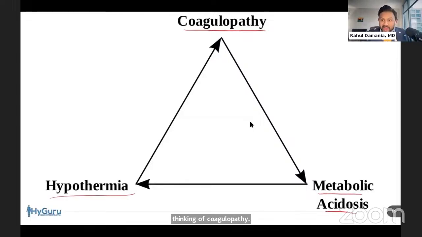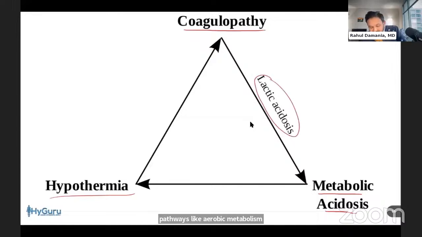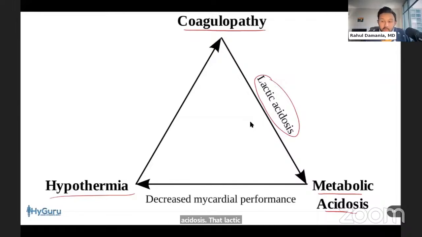So when you have a coagulopathy that's due to the transfusion, that coagulopathy is going to mess with biochemical pathways like aerobic metabolism. So the coagulopathy can actually induce a lactic acidosis. That lactic acidosis can give you an anion gap metabolic acidosis. And when you have an acidosis in the body, you're going to have decreased myocardial performance.